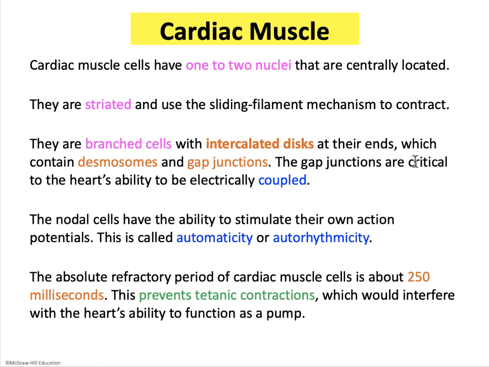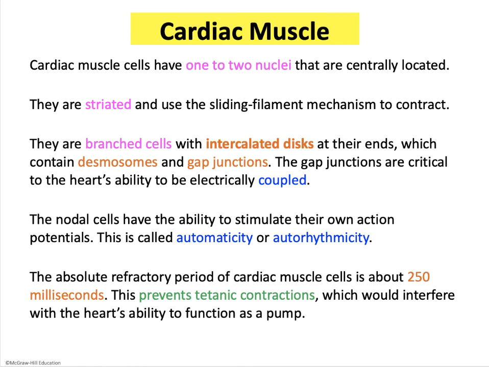The gap junctions are critical in coupling the entire heart to coordinate its sequence of contractility. About 1% of the heart muscle consists of nodal cells, and these nodal cells have the ability to synthesize their own action potentials. These will be the pacemaker cells.